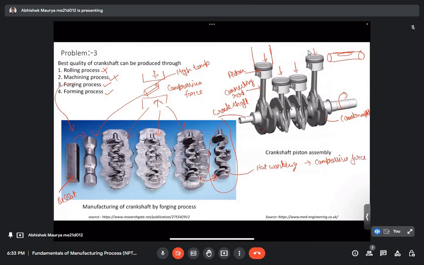So properties like strength, toughness, and hardness all get enhanced in this process. Therefore this process is good in two ways. One, we can easily achieve the complex geometry, and another is we get very good mechanical properties.